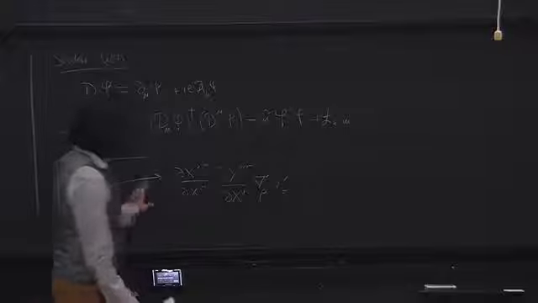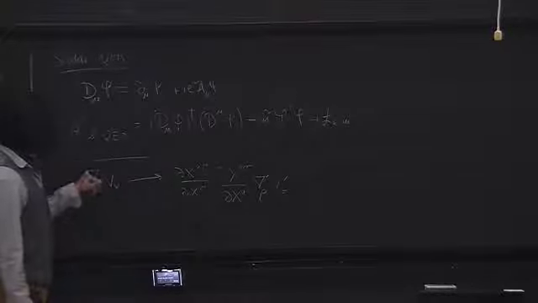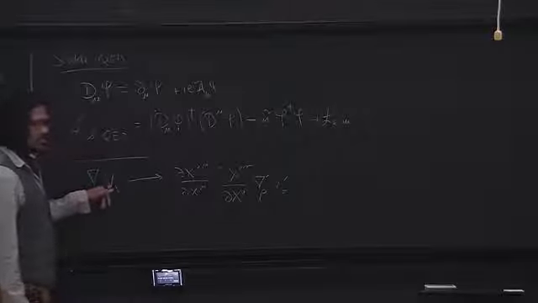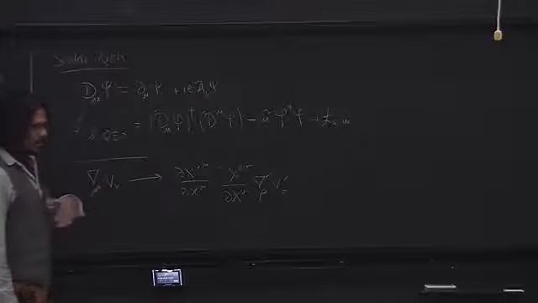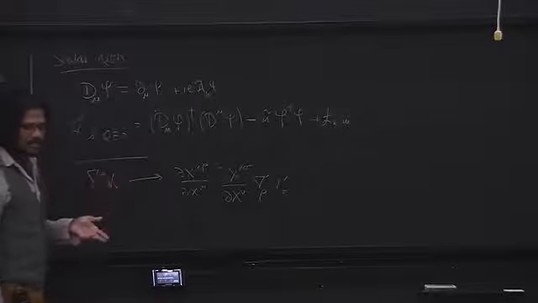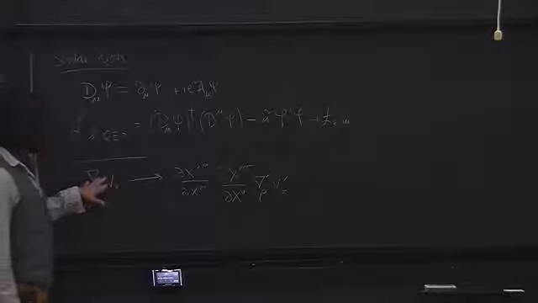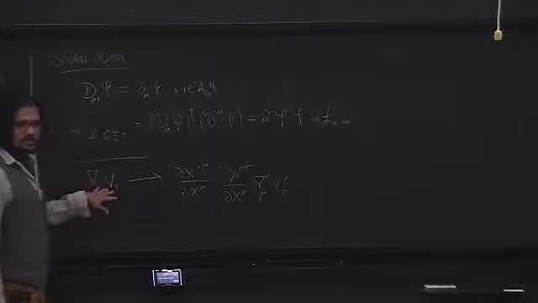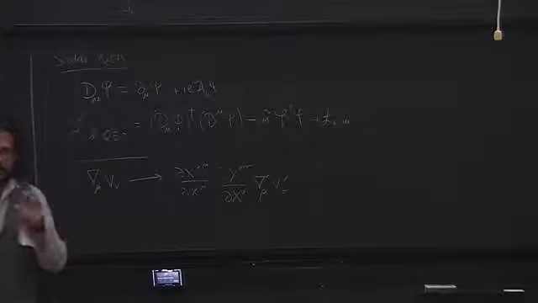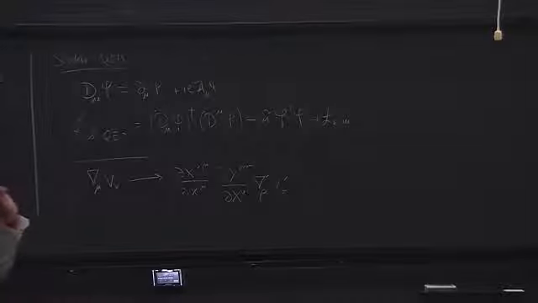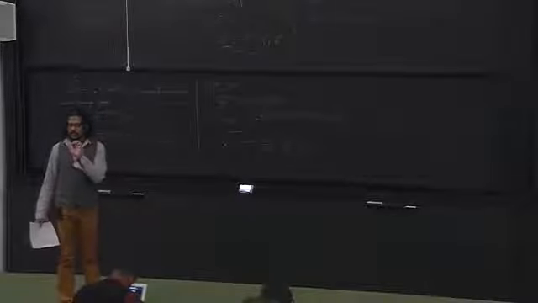Your GR lecture may have motivated this by first showing that if you just took a partial derivative on a curved space-time or any arbitrary coordinate system, even on flat space-time, if you do some arbitrary coordinate transformation, then the partial derivative acting on some vector does not transform in a homogeneous way. It'll pick up an inhomogeneous term.